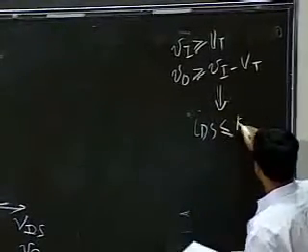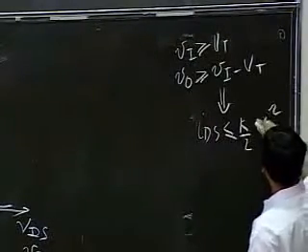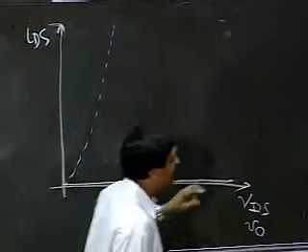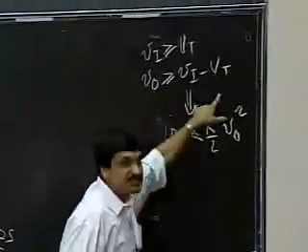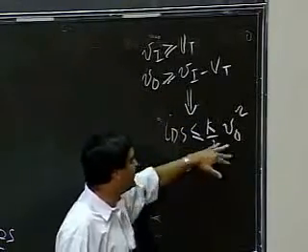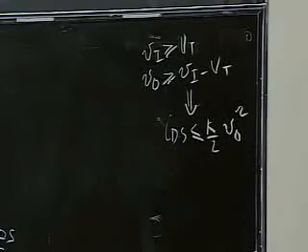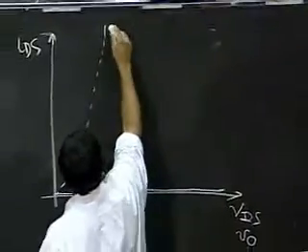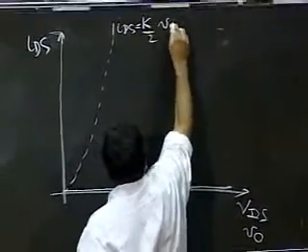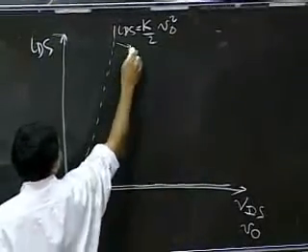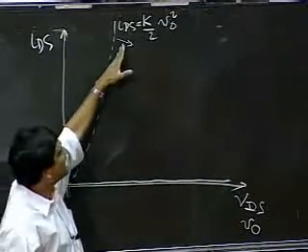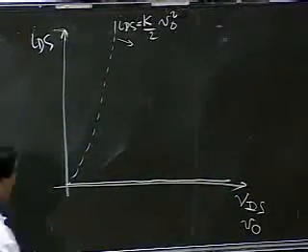IDS being less than or equal to K divided by 2 V naught squared. Okay, so in terms of my IDS versus VDS relation, this latter constraint is equivalent to IDS being less than K by 2 V naught squared. Okay, so this is that equation. So this line is IDS equals K by 2 V naught squared. And in this region, I have the valid operating region where IDS is less than that quantity.